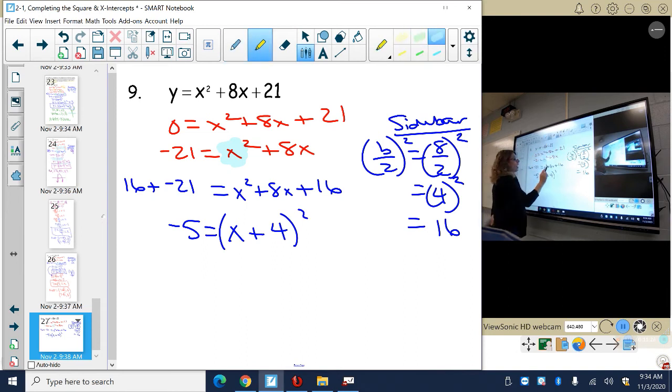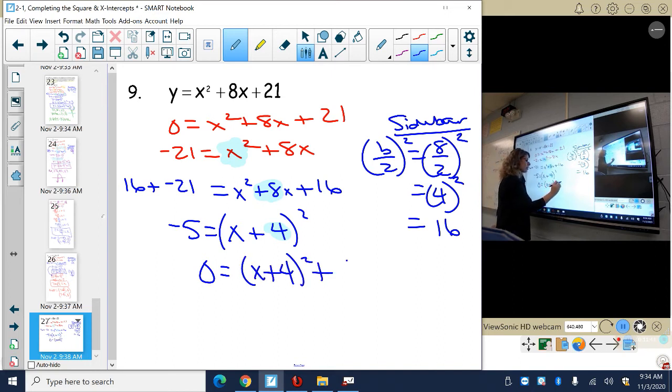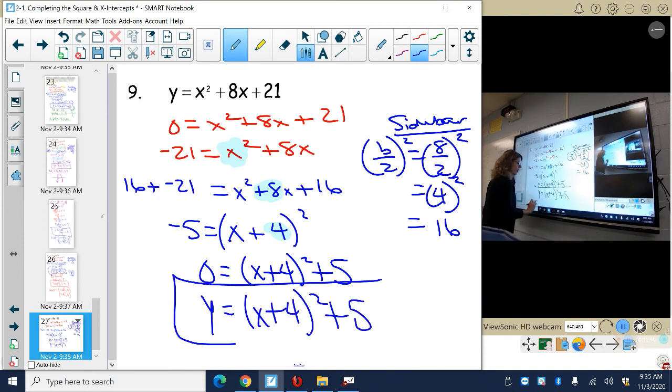Mentally, go ahead in your head and say 8 divided by 2. That gives you the 4 right there. Okay? Bring this minus 5 over, and you're going to have 0 is equal to (x plus 4) squared plus 5. So y is equal to (x plus 4) squared plus 5.